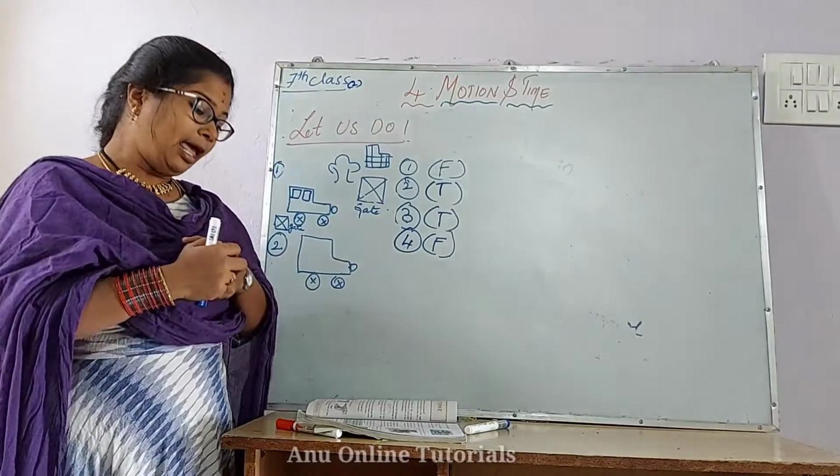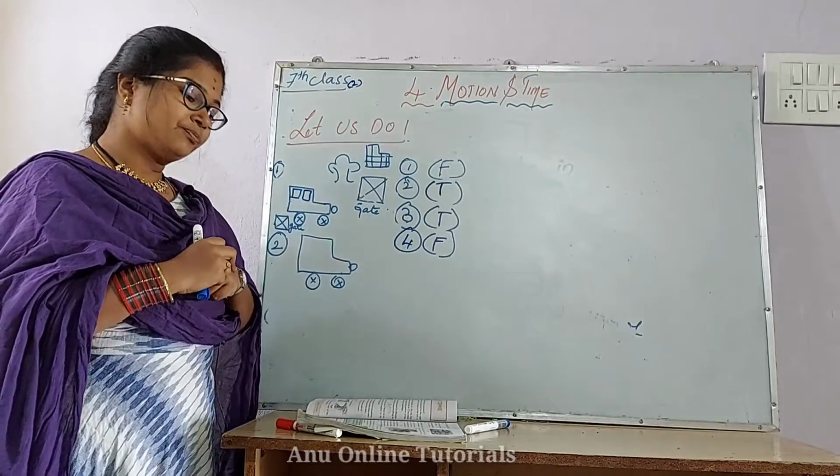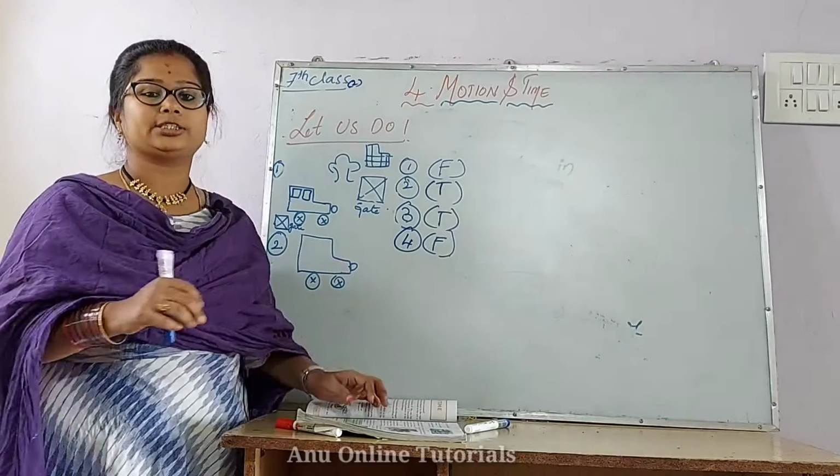As the car moves, the distance between you and the landmarks like buildings, trees, poles, etc. outside the car changes, isn't it?